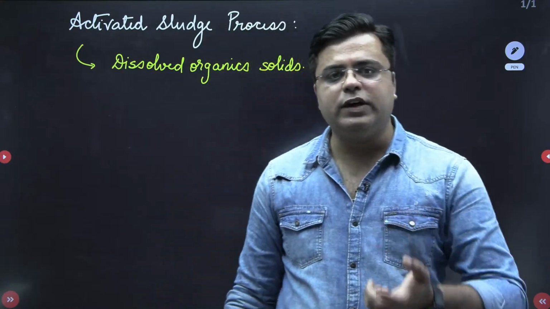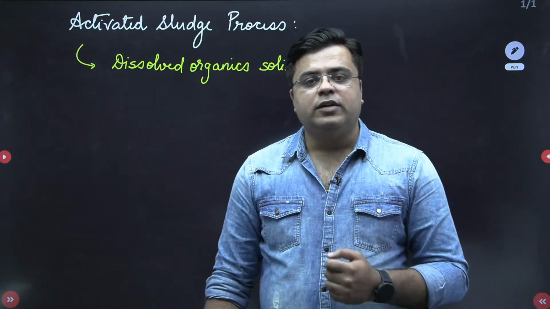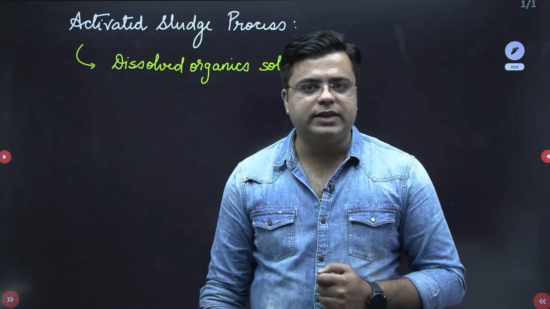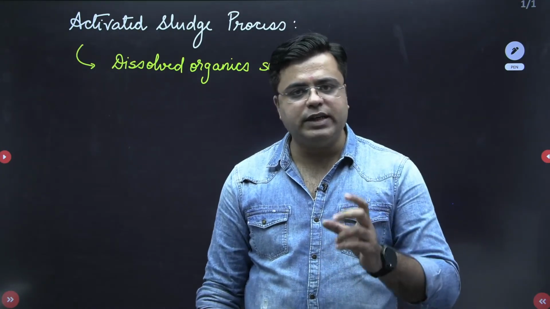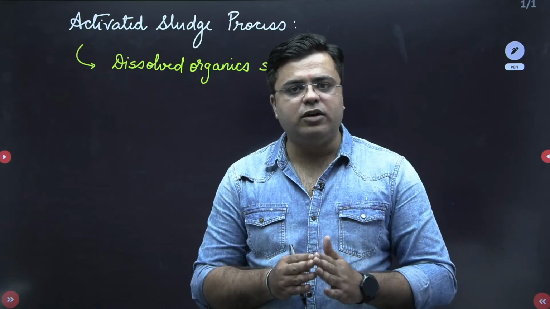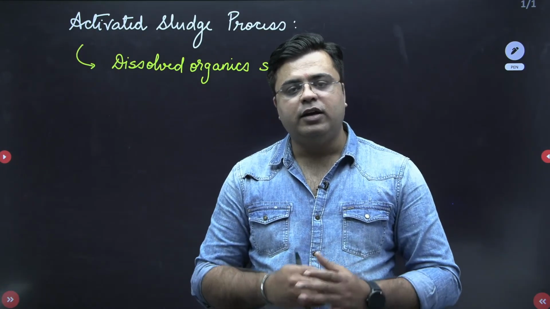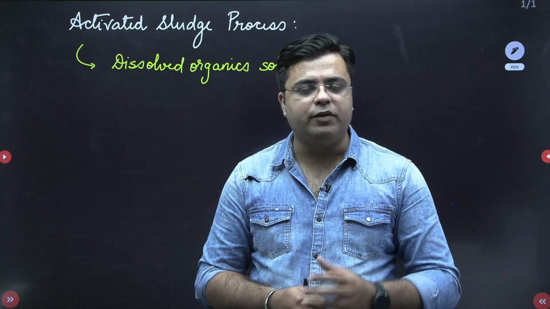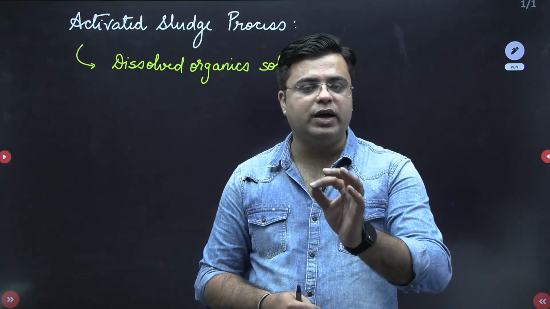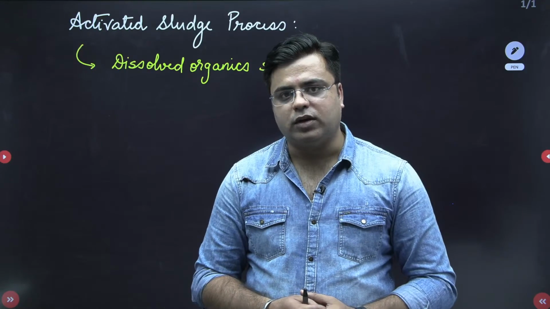In wastewater generated after domestic activity, the major impurity is organic matter. Suspended organic matter we have already removed in the primary sedimentation tank. Now we perform the biological treatment for the removal of dissolved organic solids from the wastewater.